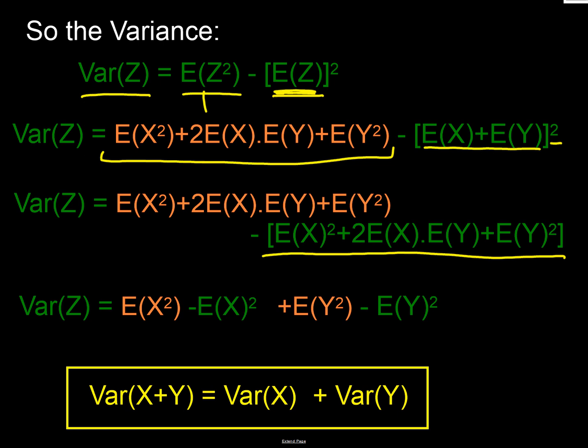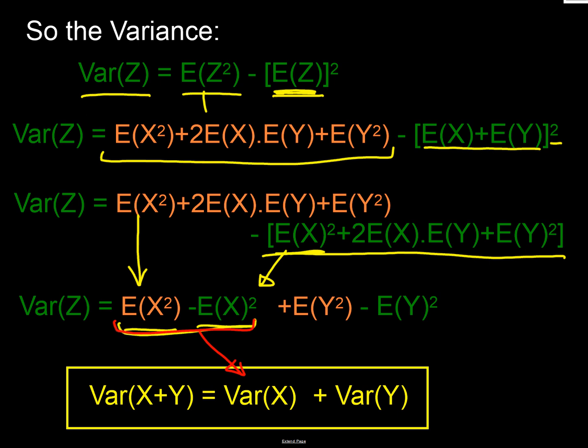Now we just need to rearrange the terms and see what happens. If we take the first term from the E of z squared, there's our E of x squared. And if we take our first term from our expected z all squared, we get E of x, all squared. And that lot together we know gives us the variance of x.